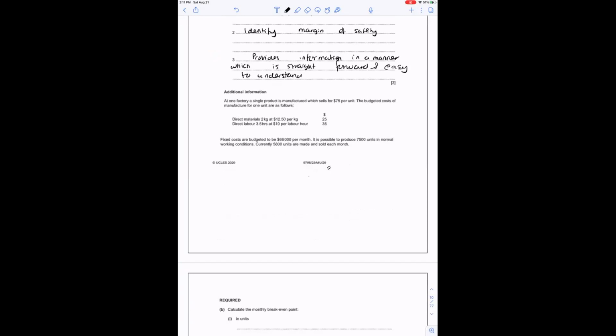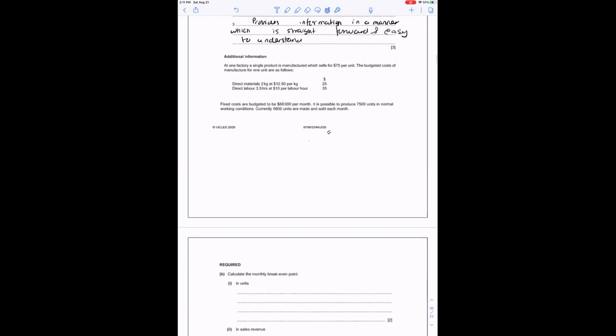At one factory, a single product is manufactured which sells for 75 per unit. So selling price is 75. The budgeted direct material cost is 2 kgs at 12.5, that is 25.